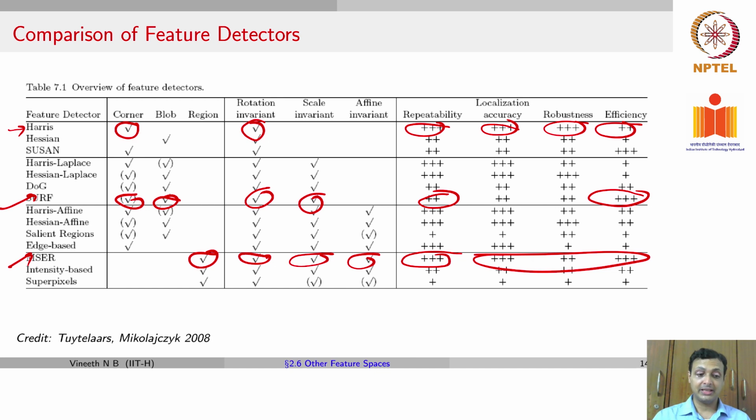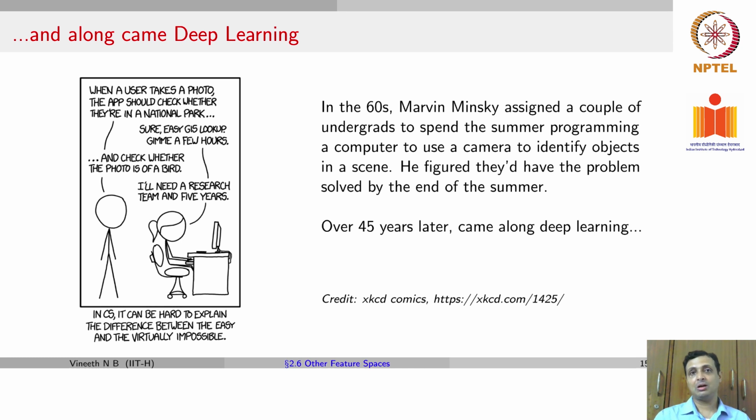Why are we not discussing each of these is what we're going to talk about next, which is that a lot of representations of images that used to be used in the pre-deep learning era are no longer relevant because of the success of deep learning in extracting features that are extremely good for various computer vision tasks.